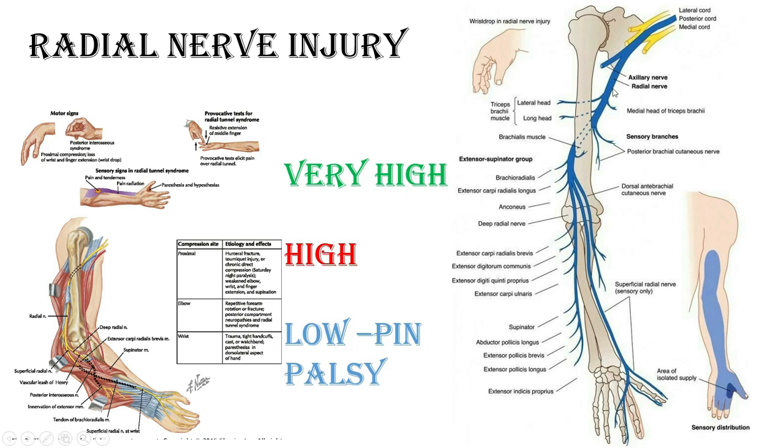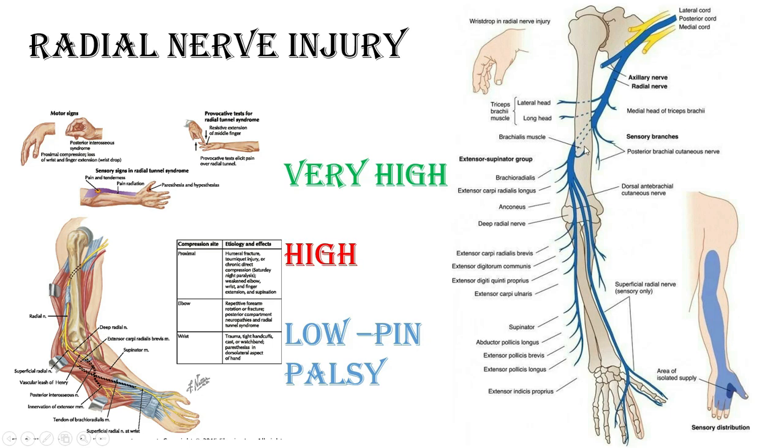Then it comes into the spiral groove, and here it also gives a twig to the lateral head of the triceps. Again, when it crosses the spiral groove, it gives a small branch to the sensory area, and also to the medial head of the triceps.